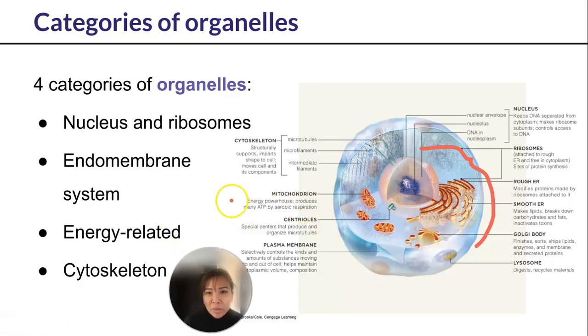We also have energy-related organelles, as we mentioned, like the mitochondria right here. And then we have the cytoskeleton, which is right here. These are the structures that give structural support to the cells. We'll look at those in a little more detail.